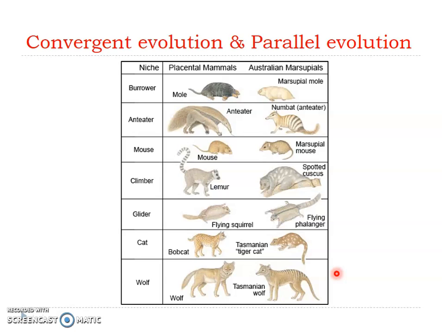So such an evolution that has resulted in resemblances of structures in two different species is the convergent evolution, where we can conclude that these two organisms don't have any common ancestral stock. Okay, now convergent evolution is the development of similar adaptive features independently by distantly related animals.